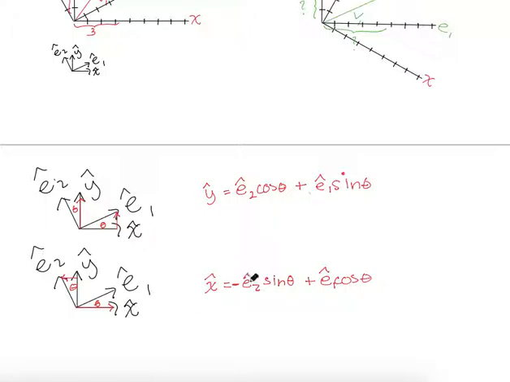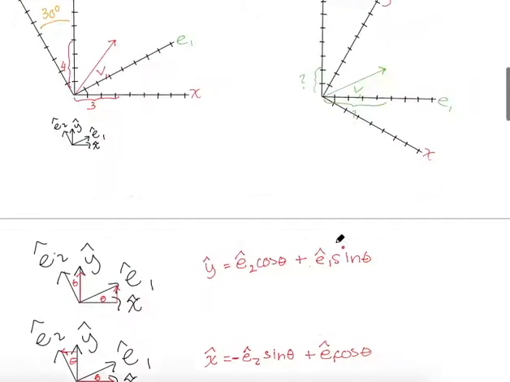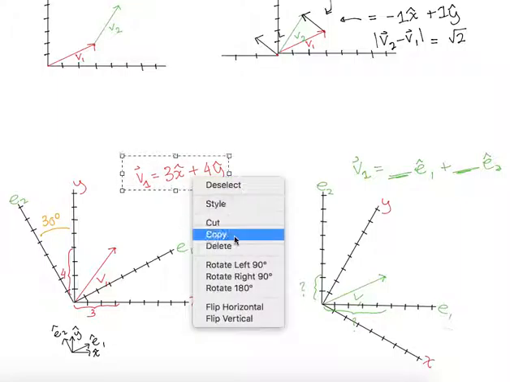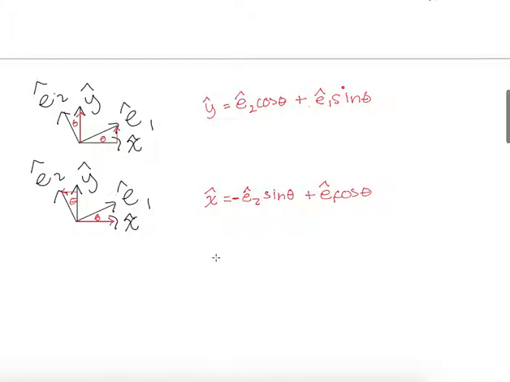And as you can see, the x hat is a linear combination of E1 and E2. Why did I want to do that? Because I can do this. Copy that. Paste it here. Okay. Go over here and just plug those in.